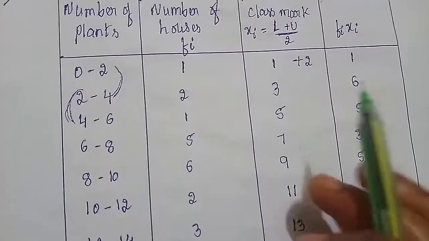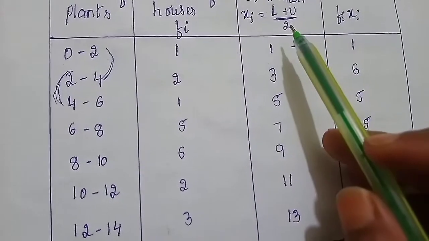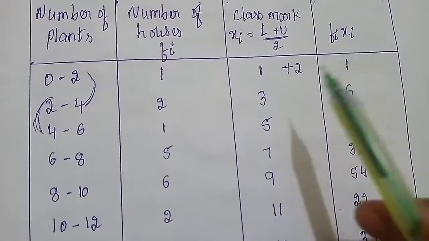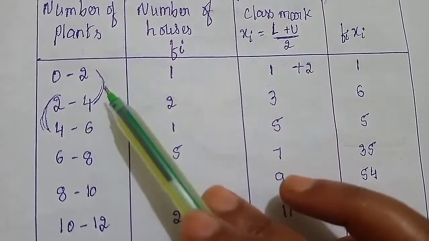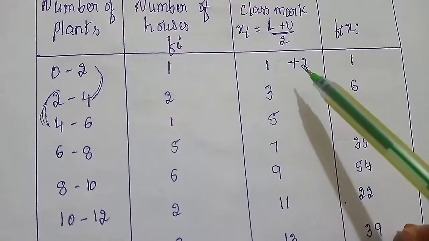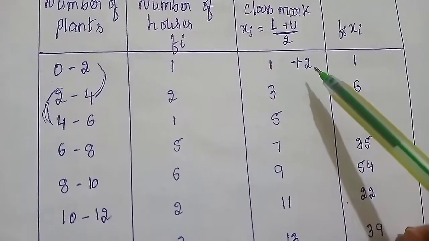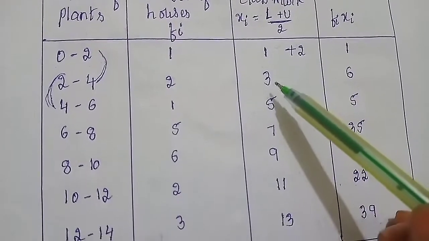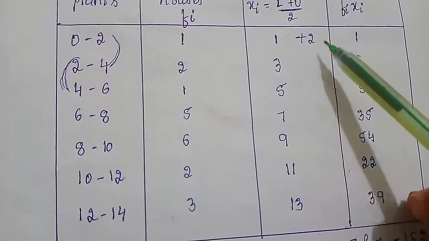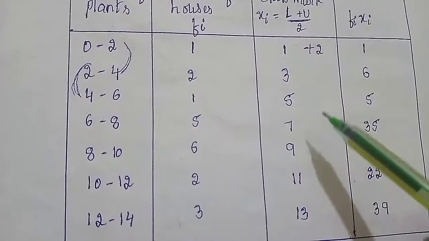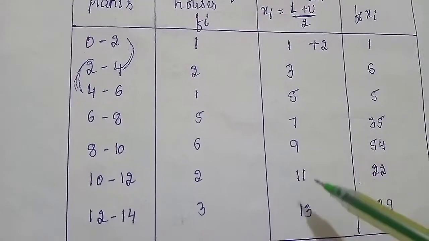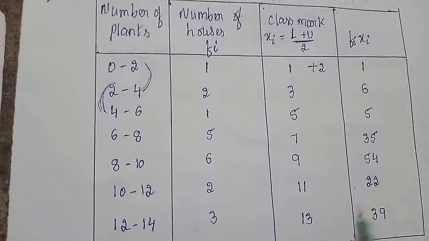So instead of applying the formula for each class interval to find class mark, first 0 plus 2 divided by 2, 1 we got. Now go on adding the class size. 1 plus 2, 3, 3 plus 2, 5, 5 plus 2, 7, 7 plus 2, 9, 9 plus 2, 11, 11 plus 2, 13.